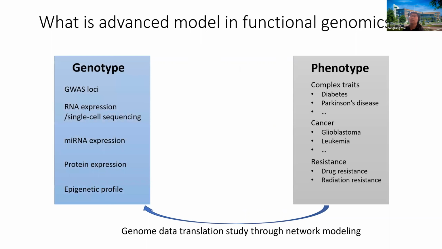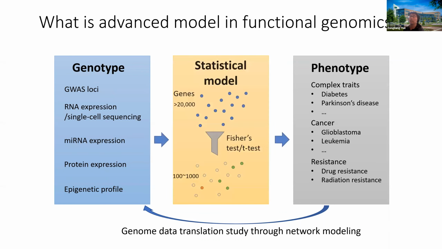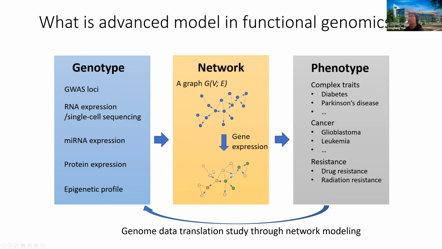So you may wonder what can be improved in modeling in functional genomics. Traditionally we have statistical models such as the hypergeometric test, Fisher's test, or t-test to report the p-value, and usually the candidate genes number around 100 to 1,000. But with a network, you can increase the coverage and see the upregulated and downregulated genes with their locations in the network.